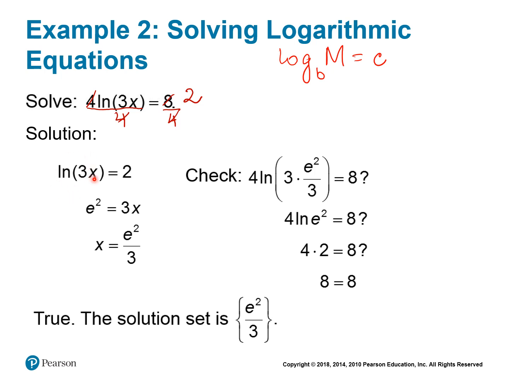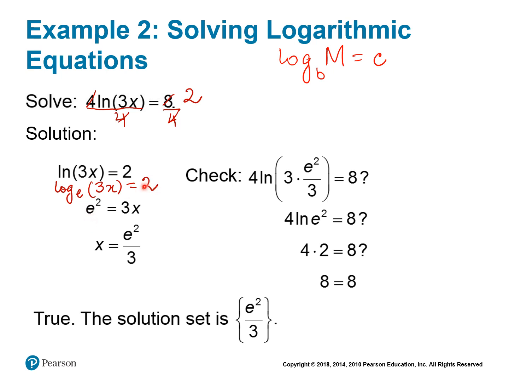So ln means log base e, correct? So let me write that down. Ln of 3x is the same as saying log base e of 3x equals 2. So how do we rewrite that? In exponential form, we have the e as the base of the exponent.